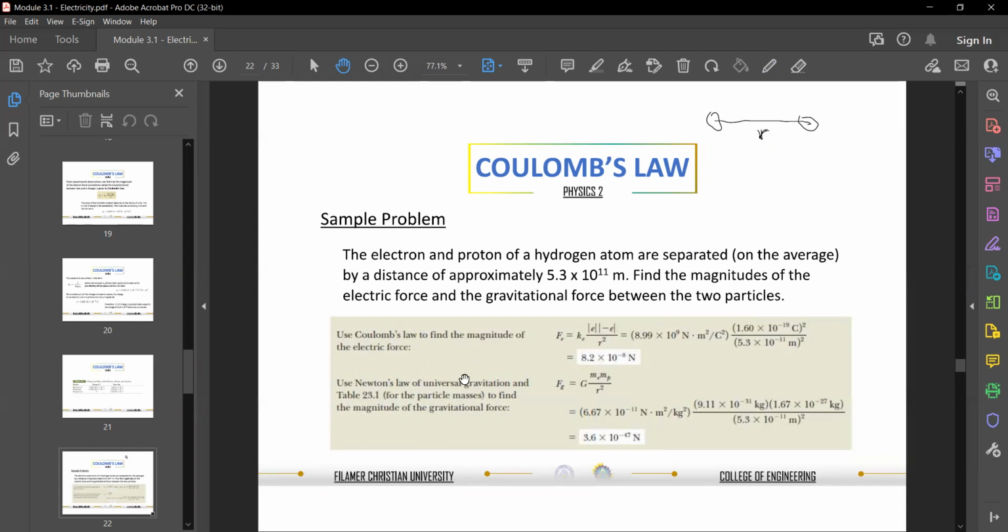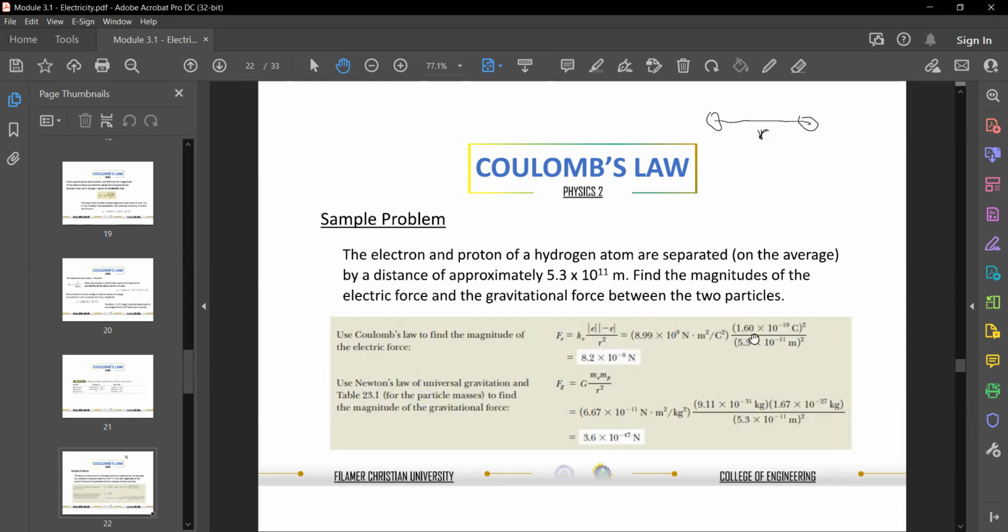So use Coulomb's law to find the magnitude of the electric force. We have the formula, that is k sub e, the constant, multiplied by the ratio of the positive charge multiplied by the negative charge, all over the radius squared. That is 8.99 times 10 raised to 9. So this is a constant.